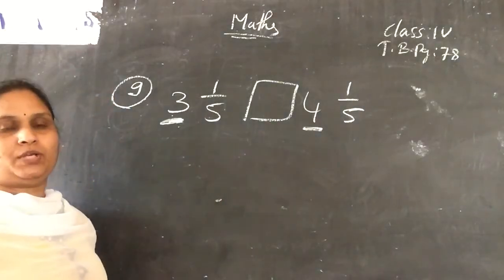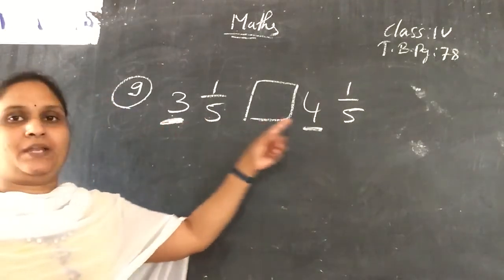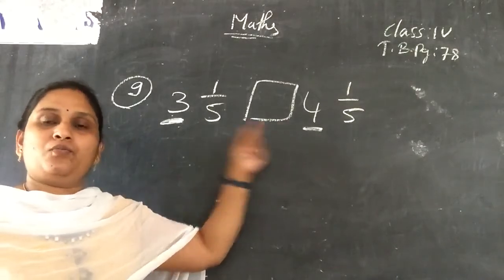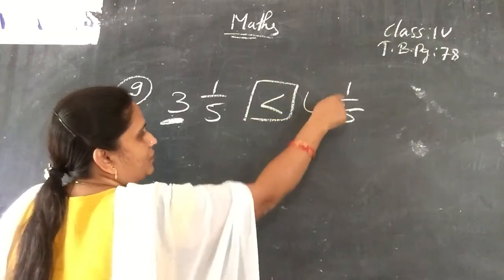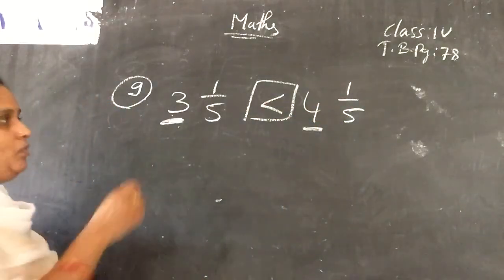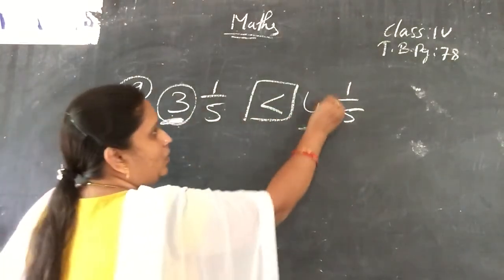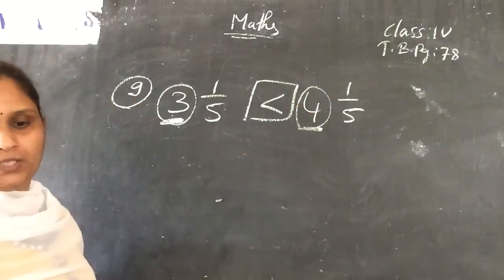In the whole numbers, 3 and 4, which is the greatest number, children? 4 is the greatest number. So 3 1 by 5 is lesser than 4 1 by 5. Only the whole numbers you have to compare.